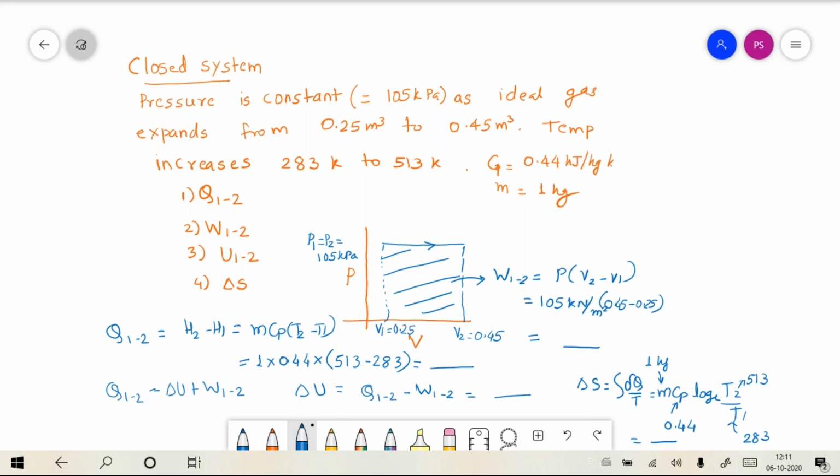These are very important, very relevant cases if you want to analyze engines which involve gases. For example, a gas turbine power plant is a power plant where gases are used as the working fluid. There you encounter such processes. Internal combustion engines are another example where you would find gases expanding during the power stroke of the engine.